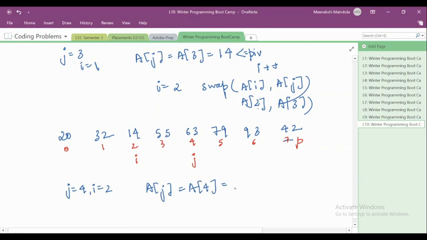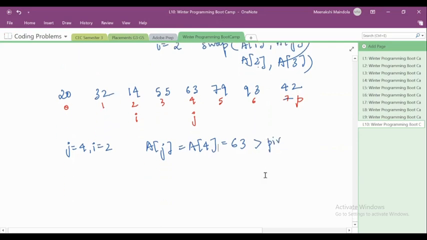A of 4 is 63. So when you compare, you see that A of j is greater than the pivot element. When this condition occurs, we do nothing. So the array remains the same.